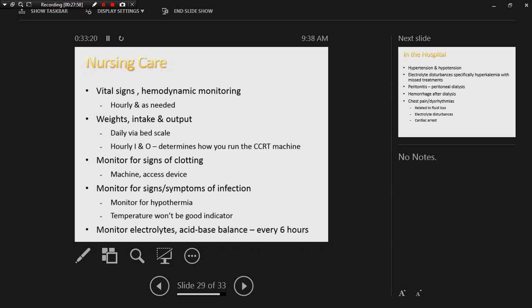So intake minus output, whatever is left over, we're going to run on the CRRT machine to pull off that hour. Monitor for signs of clotting. Sometimes the machine will tell you when it's getting ready to clot. Sometimes you actually might see some of the smaller clots within the machine. And then we do worry about clotting within the access device. Usually, that can be minimized by just keeping the machine running well.